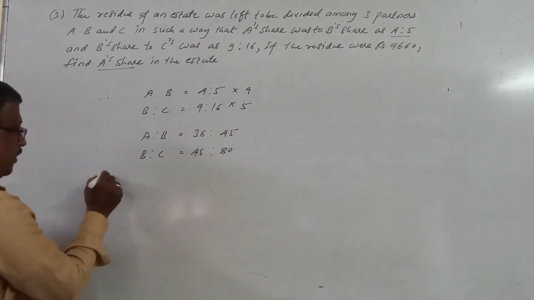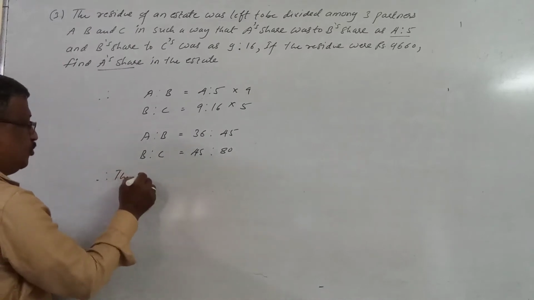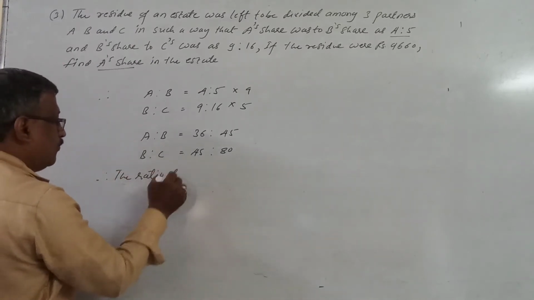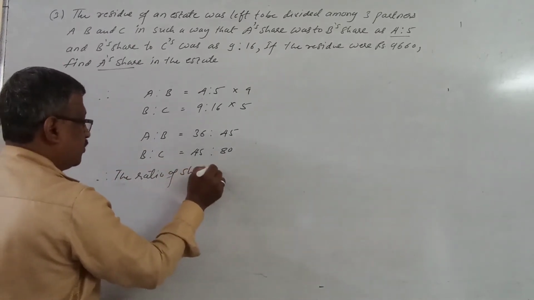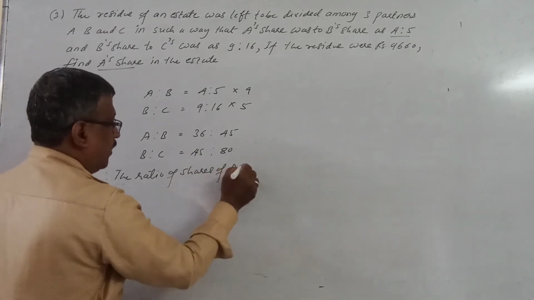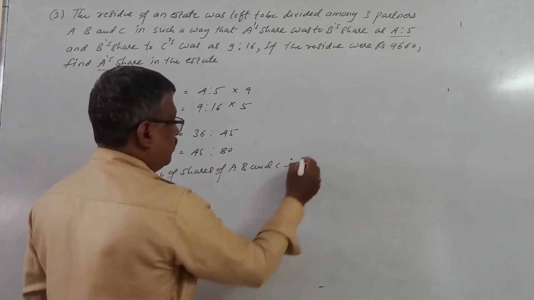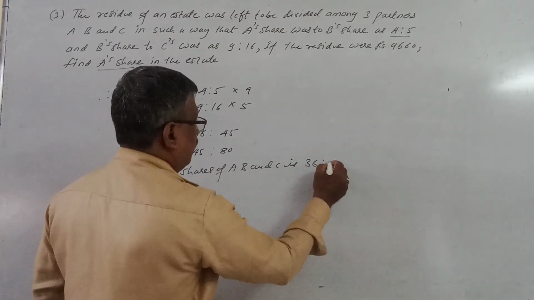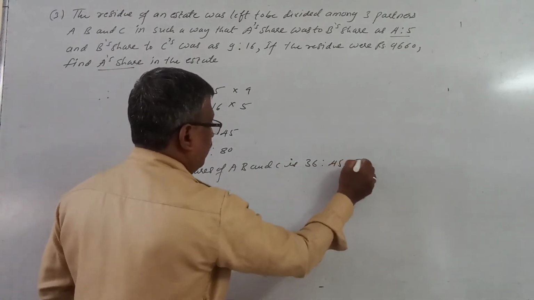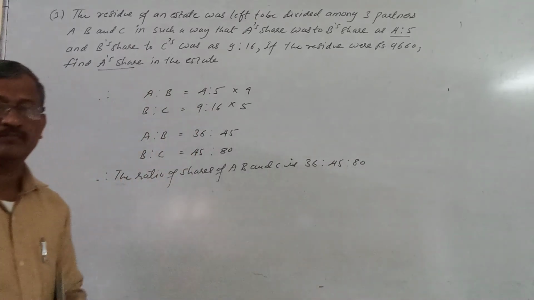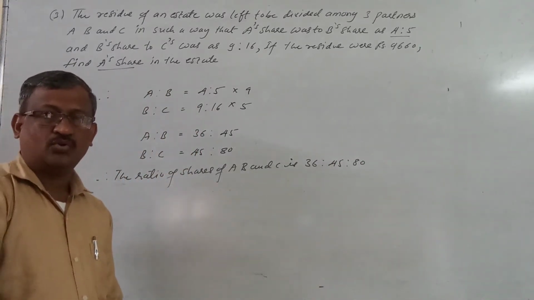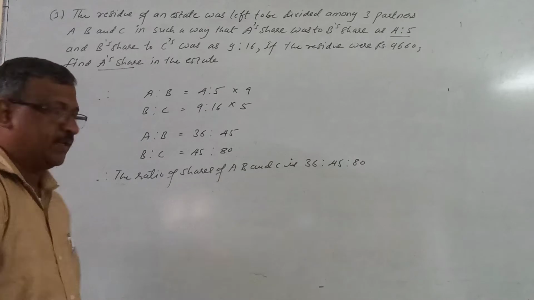Therefore, the ratio of shares of A, B and C is 36 is to 45 is to 80.